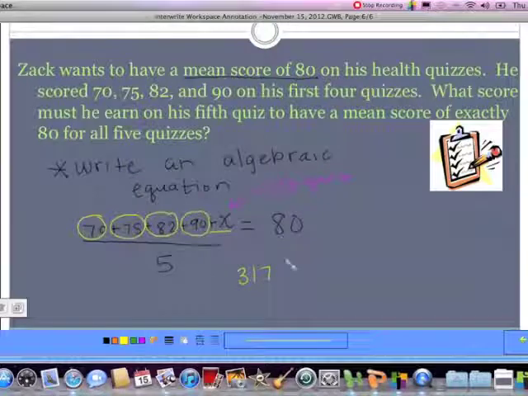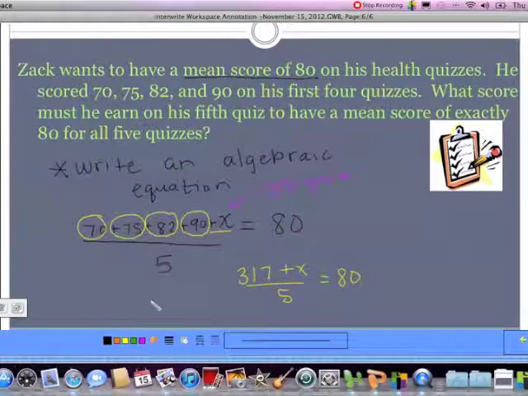We will add on our plus x, divided by 5, equals 80. Our next step would be to start on the side with the variable, and we will use inverse operations to solve for the variable. First, start with the number farthest away from the variable, which is 5. They are dividing by 5, so we are going to multiply both sides by 5.